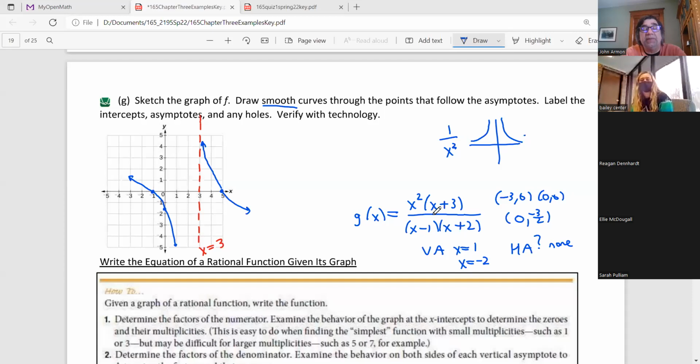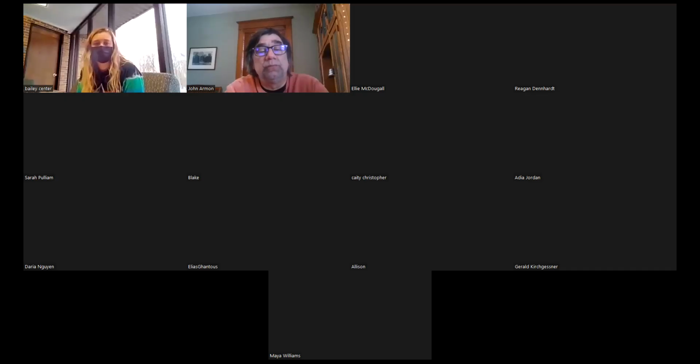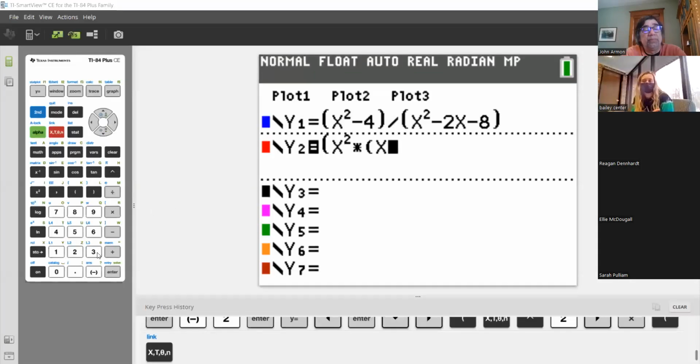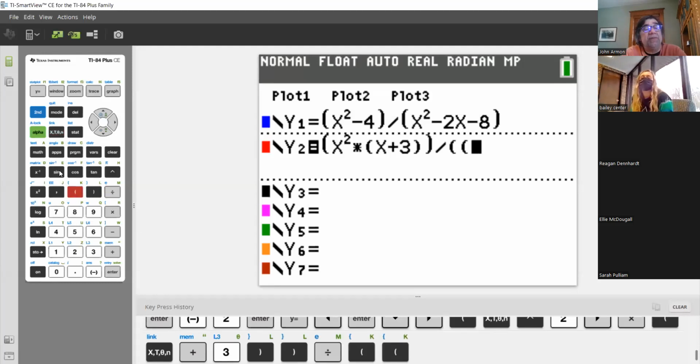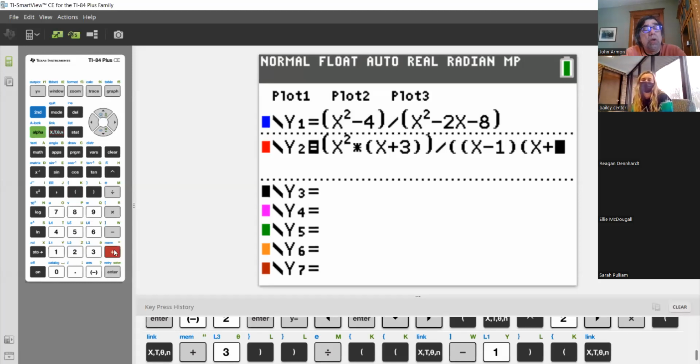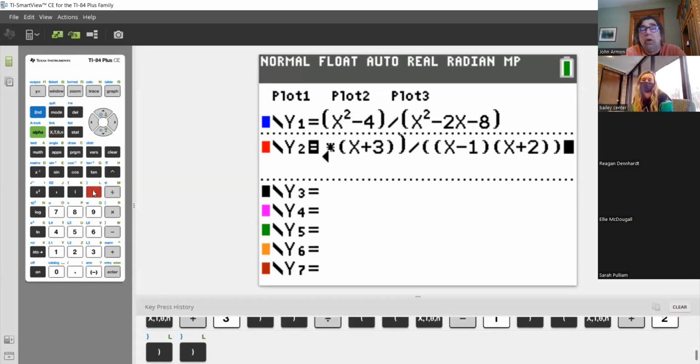Then x minus 1, x plus 2. Okay, so there's the numerator, and here's the denominator: x minus 1 times x plus 2. Notice the two extra sets of parentheses indicate numerator and denominator.